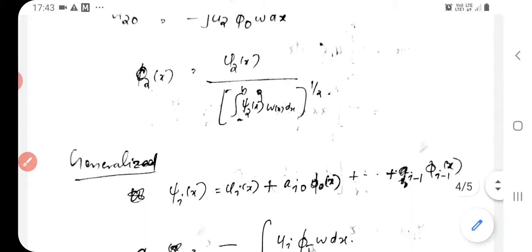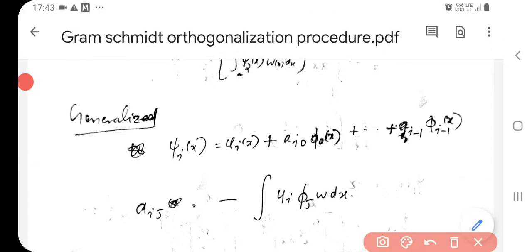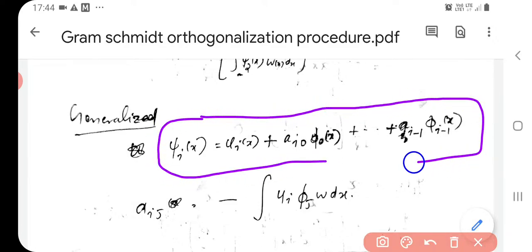So the general equation for obtaining psi i is psi i of x equal to ui of x plus ai0 phi 0 of x and so on, up to ai, i minus 1 phi i minus 1 of x. In that way we form psi i of x.